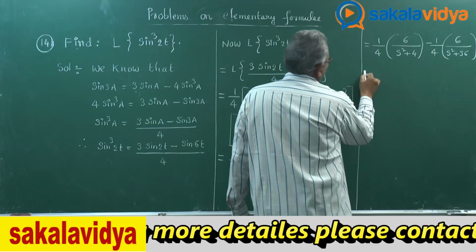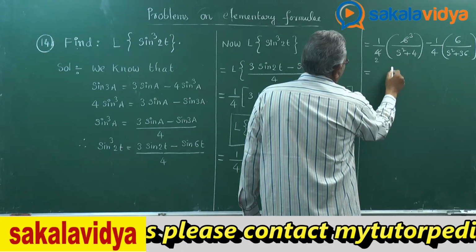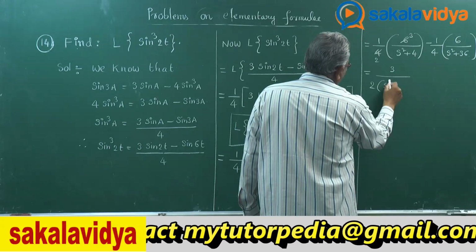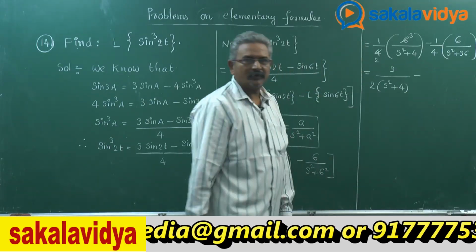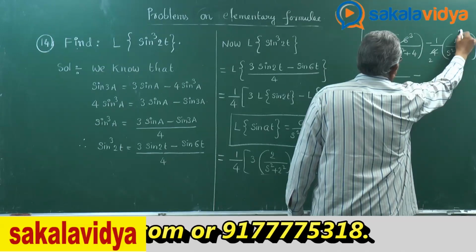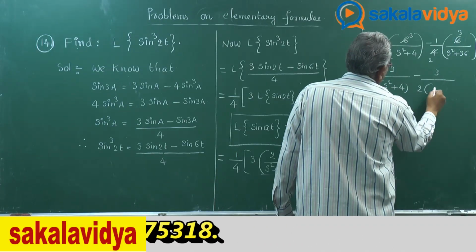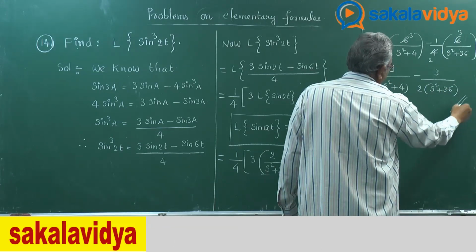Next, 2 2s are 4, 2 3s are 6. So now this can be rewritten as 3 divided by 2 times s square plus 4 and minus 3 divided by 2 times s square plus 36. So this is the answer.